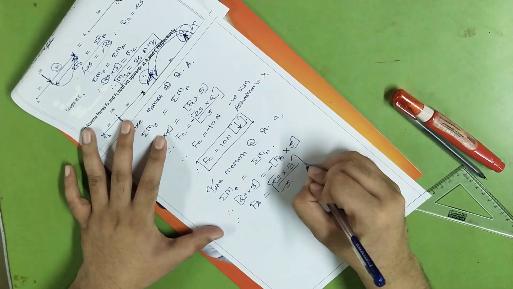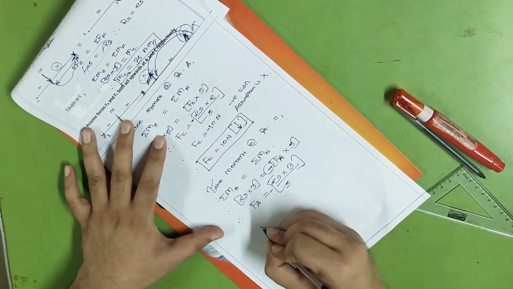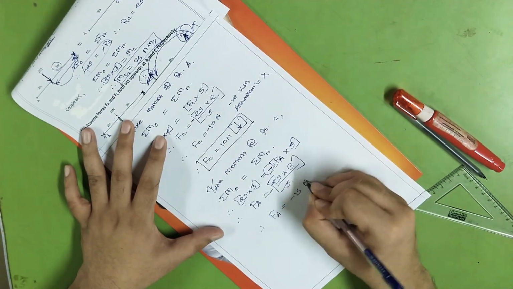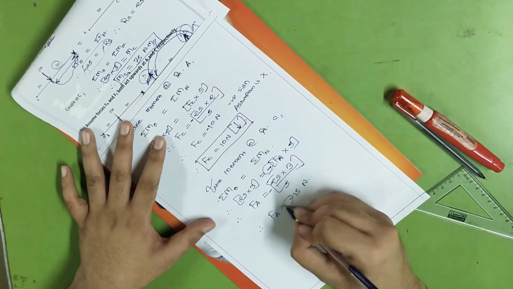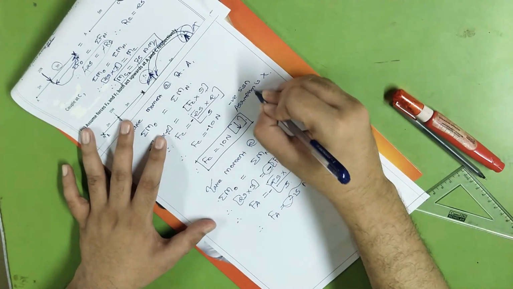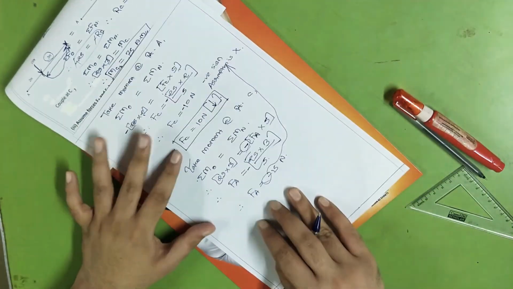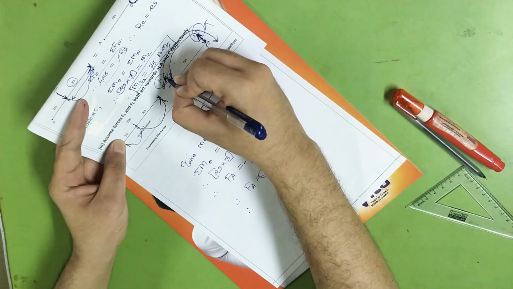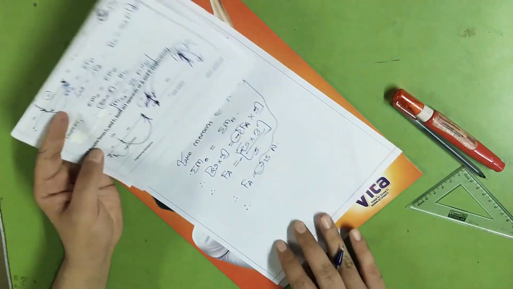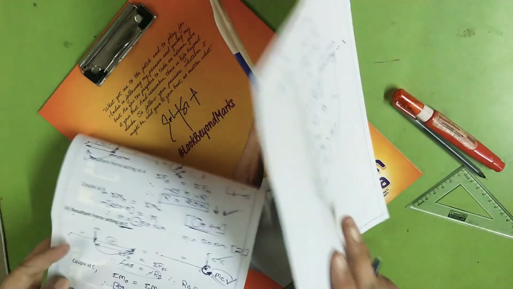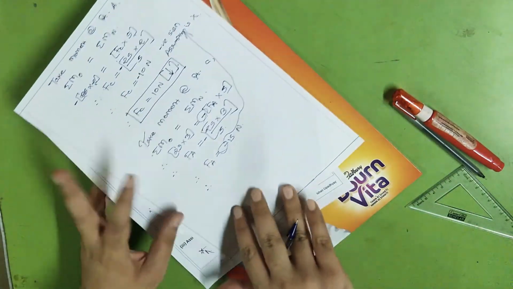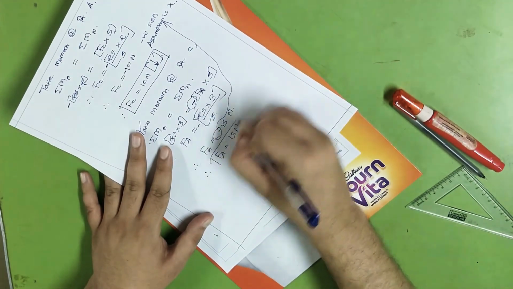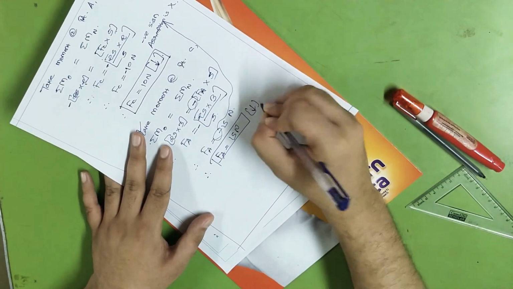And with this minus sign, I'll get value of FA as minus 15 Newton. Again this negative sign indicates that my assumption is wrong. I have assumed FA in upward direction, so my upward direction is wrong. Finally I'll say that FA of 15 Newton is acting in downward direction.